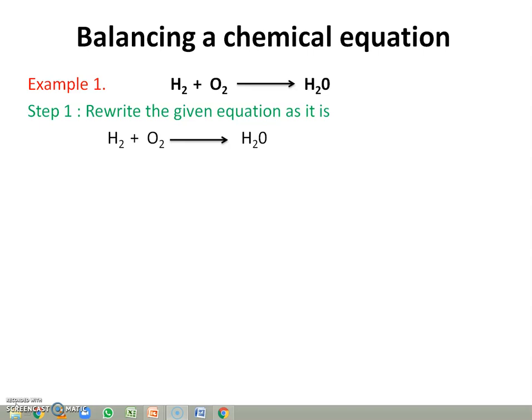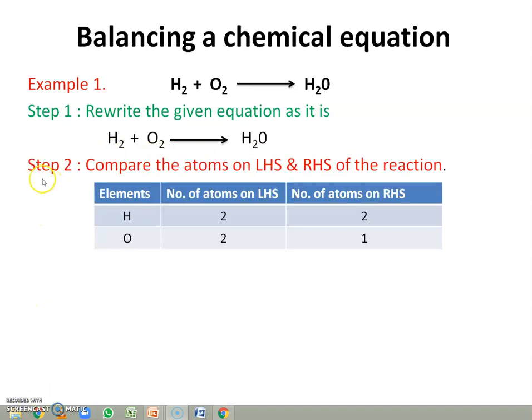Rewrite the given equation as it is. As the equation is given in the problem, H2 plus O2 gives H2O, we have to write the same equation in step 1. In step 2, we have to compare the atoms on the left hand side, that means the reactant side, and the right hand side, that means the product side of the reaction.